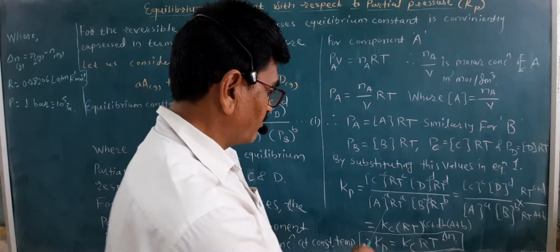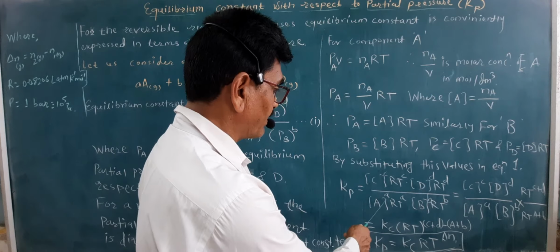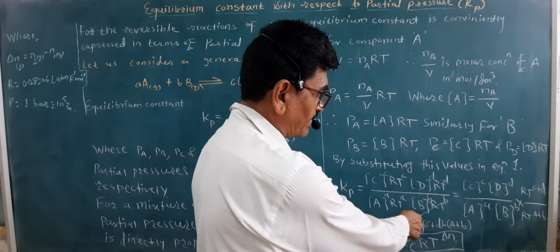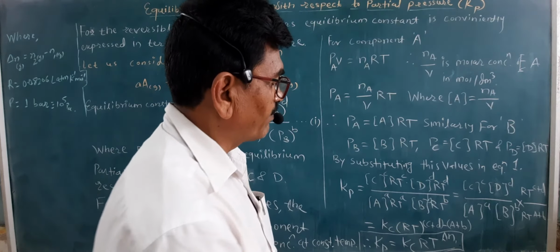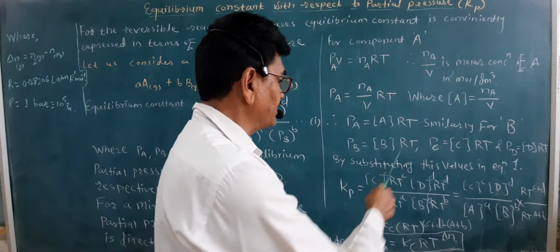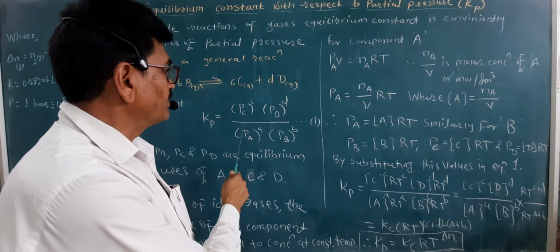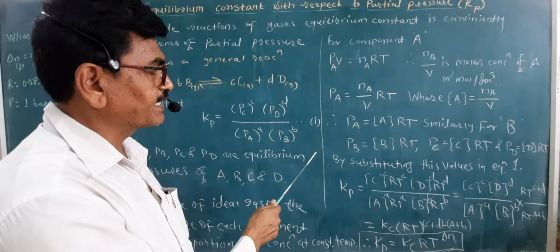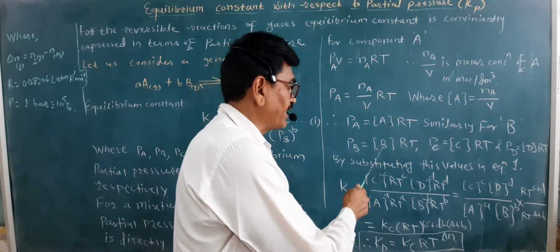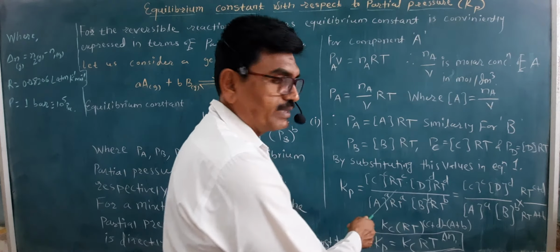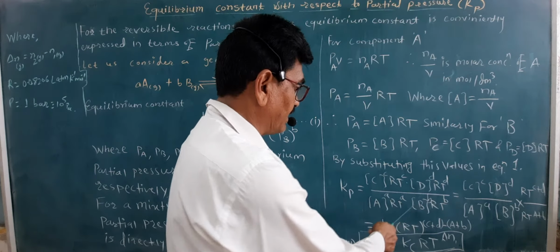So in this way molar concentration of A to power A RT power A into molar concentration of B power B RT power B. So in this way पहा ह्या किमती ठेवल्यात, फक्त आपण काही चेंज केलेलं नाहीये. पार्शियल प्रेशर्स PC, PD, PA, PB च्या जागी आपण नवीन किमती ठेवलेल्या आहेत. त्या ठिकाणी पॉवर जे आहेत, कोइफिशियंट जशाच तसे पॉवरच्या स्वरूपात लिहिलेले आहेत.